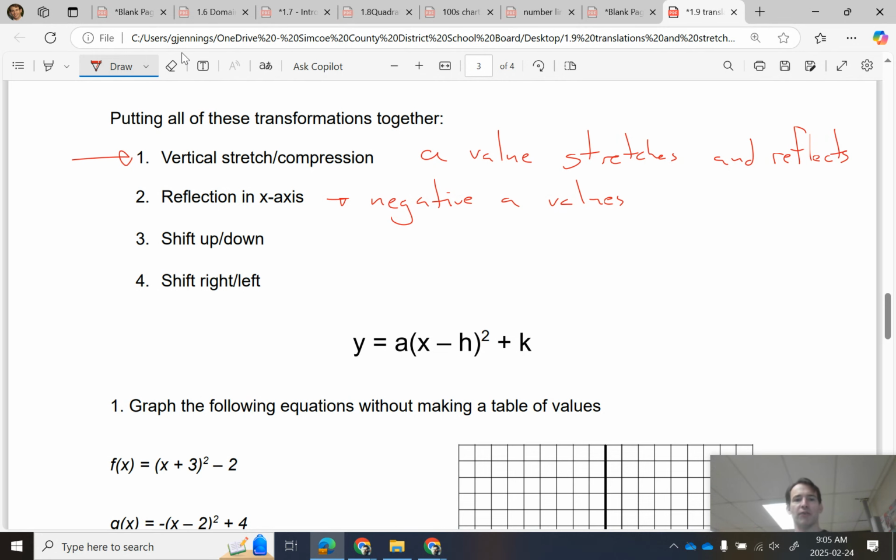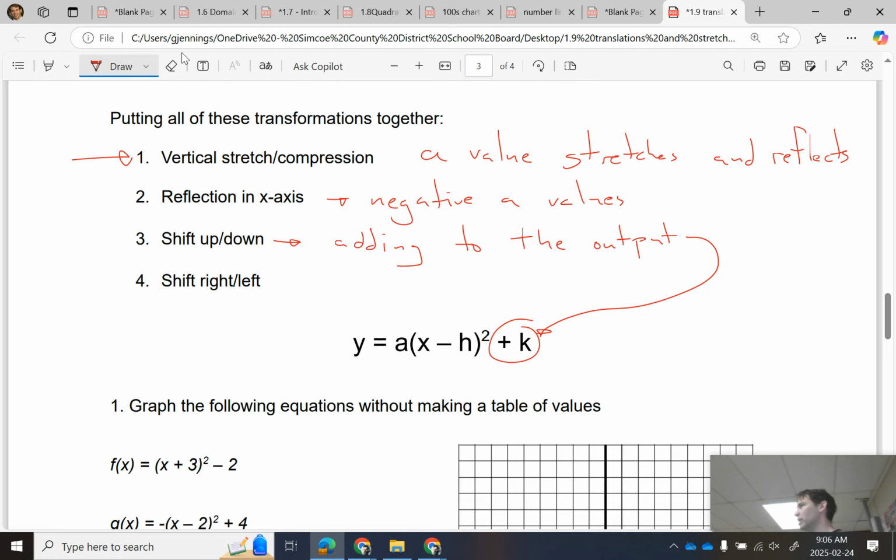We can also shift up or down by adding to the function, adding to the outputs. And that would be adding here with the k value. We saw that k value moves things up or down, and that just adds on.